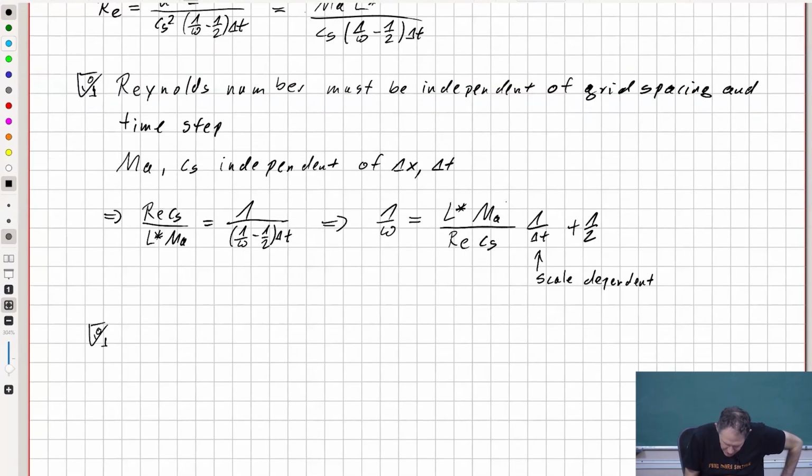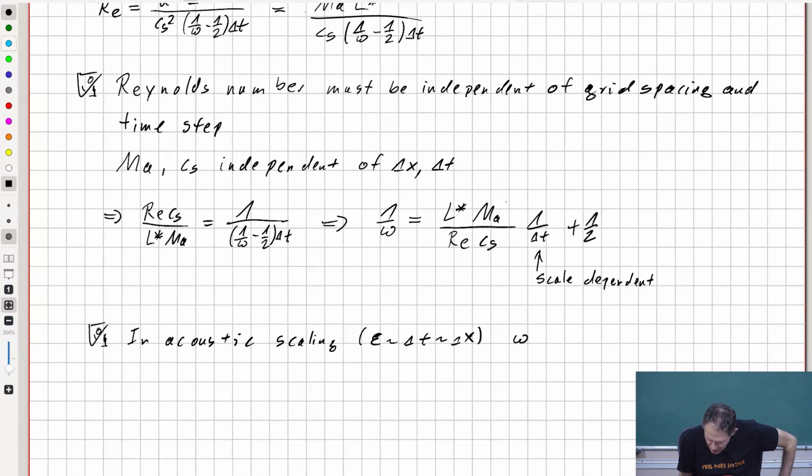Okay, very important in acoustic scaling. Epsilon, so acoustic scaling is epsilon is proportional to delta t is proportional to delta x. Then omega is a function of epsilon.